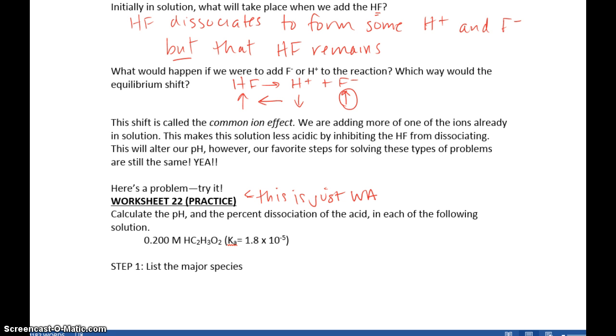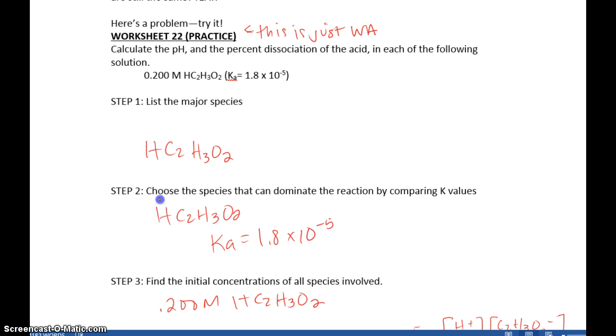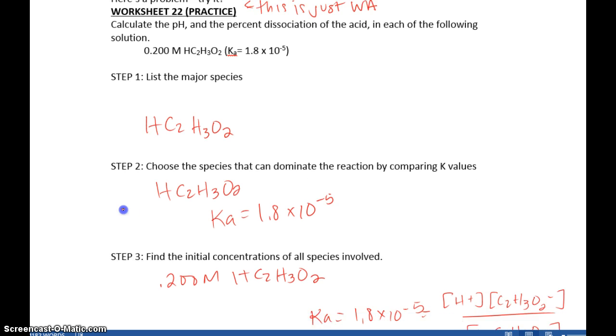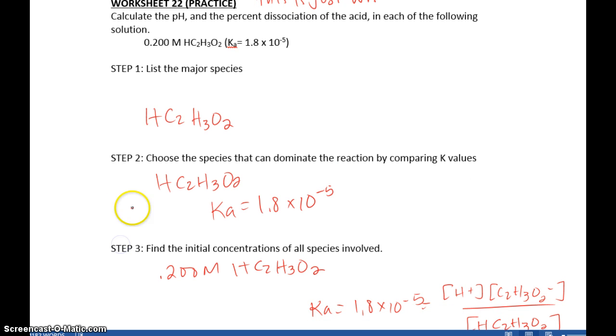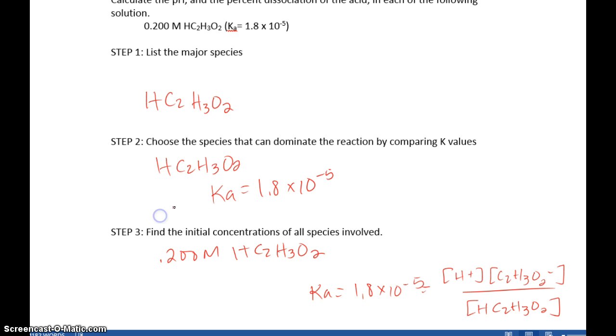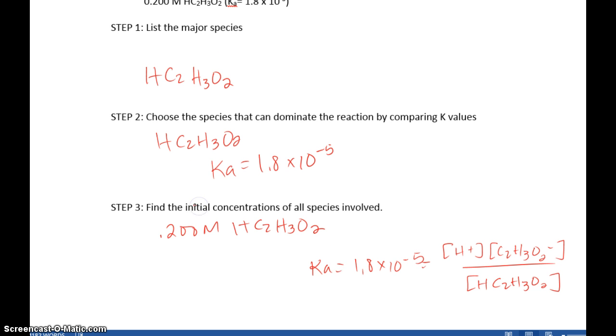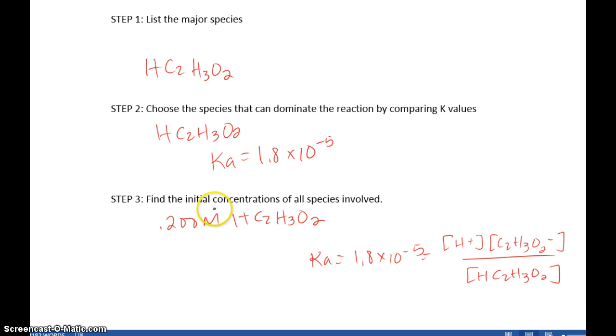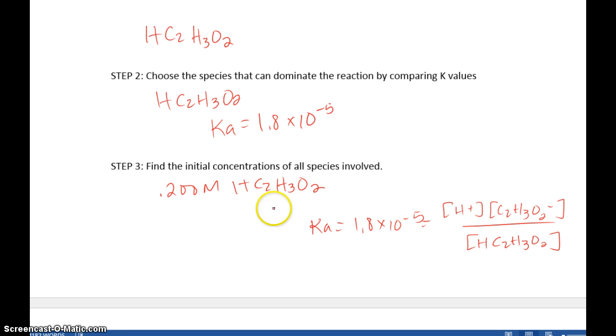Okay, so now I'm going to list my initial, change, and final concentrations, my ICE chart. It's going to become H plus and HCOO minus. I have 0.250 molar here, and I have 0.100 here.